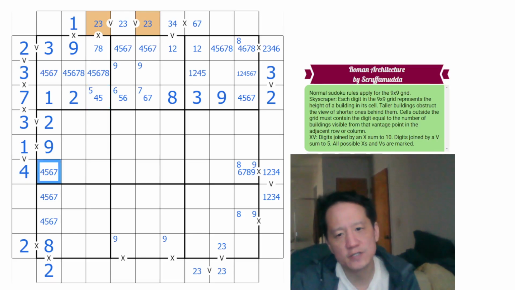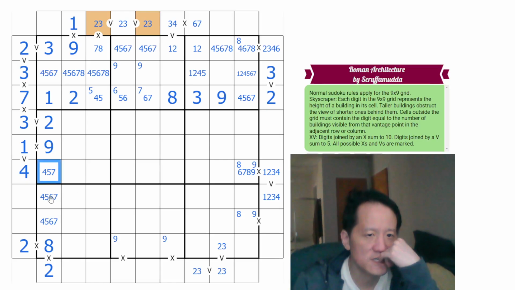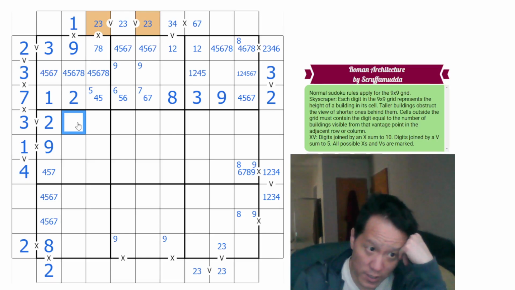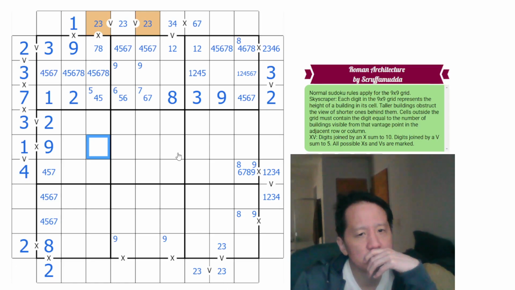4 cannot be next to 6, so this can't be 6. This can't be 1. This can't be 3. Or 8. This can't be 2.